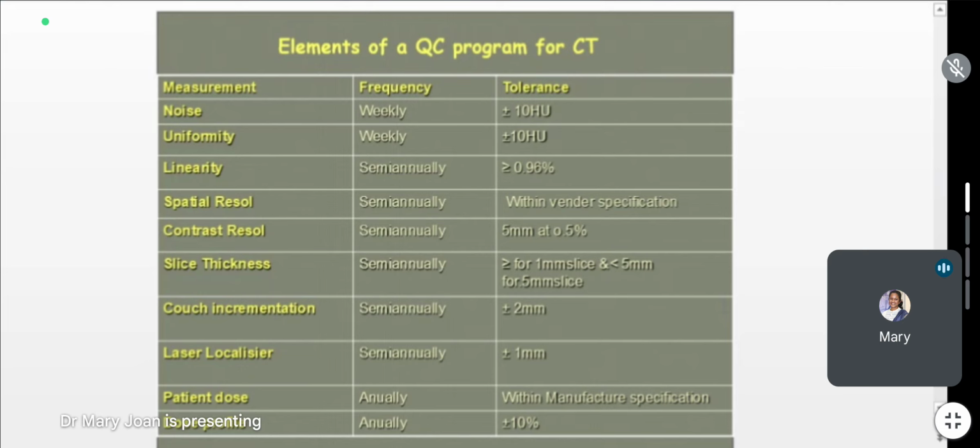So the patient dose from each of the procedures should be within the manufacturer specification, and dose profile variations also should be within plus or minus 10%.